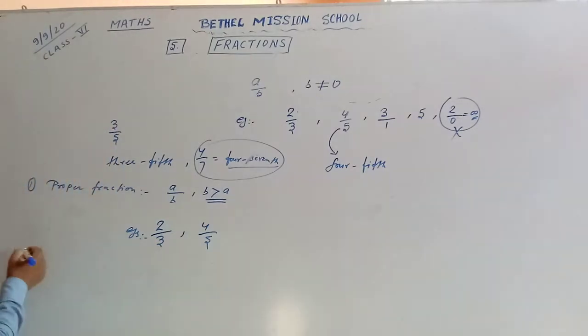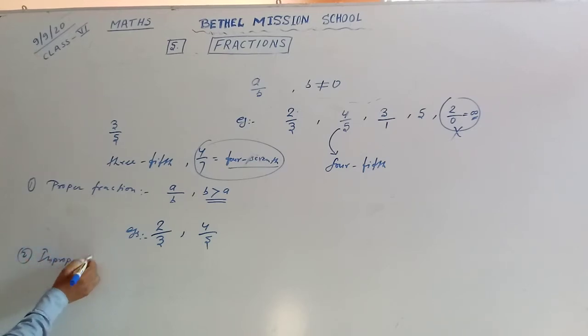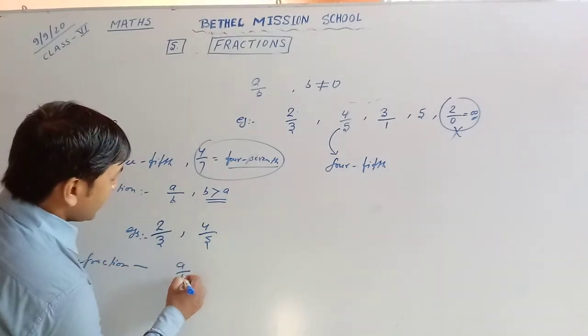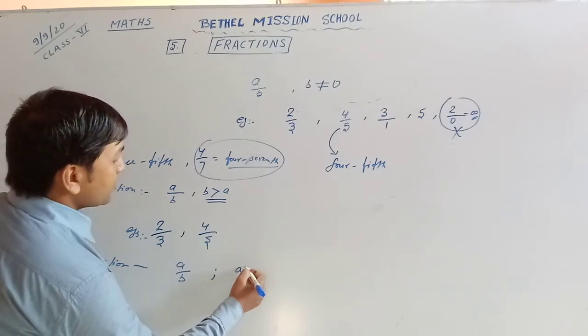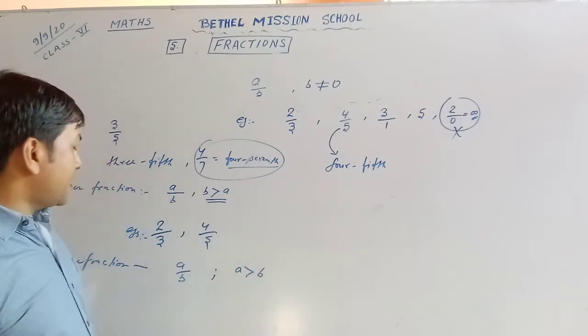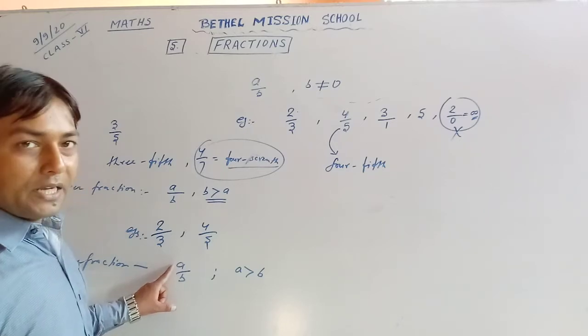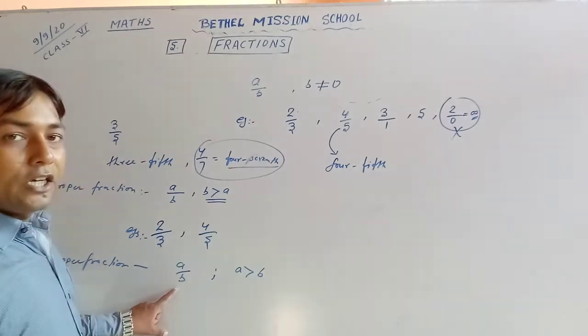Okay, now the improper fraction, just the opposite. In an improper fraction, a upon b, a should be greater than b. It means the numerator should be greater than the denominator.